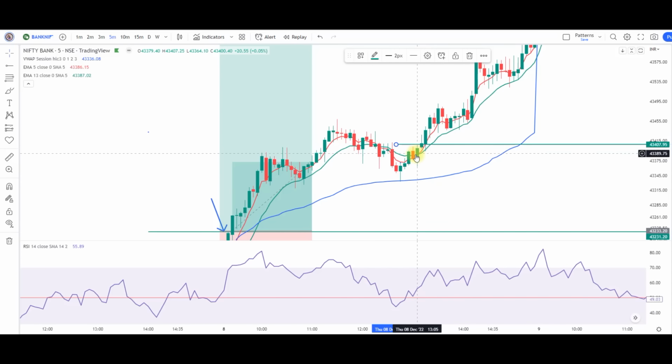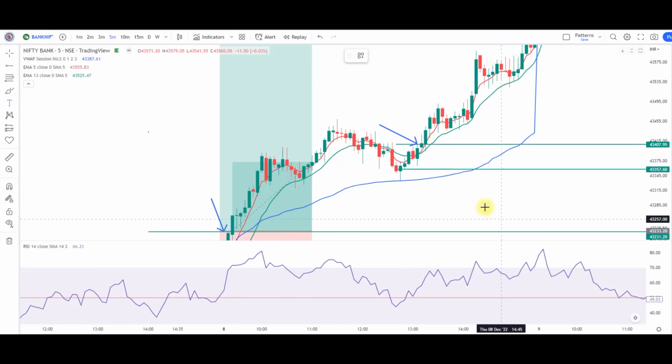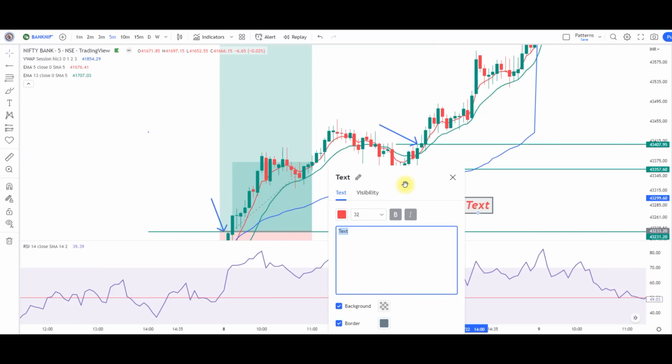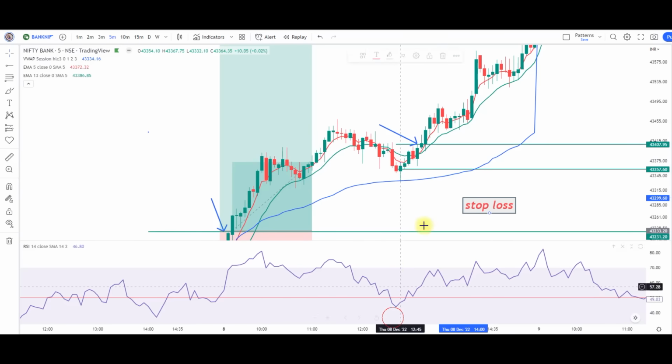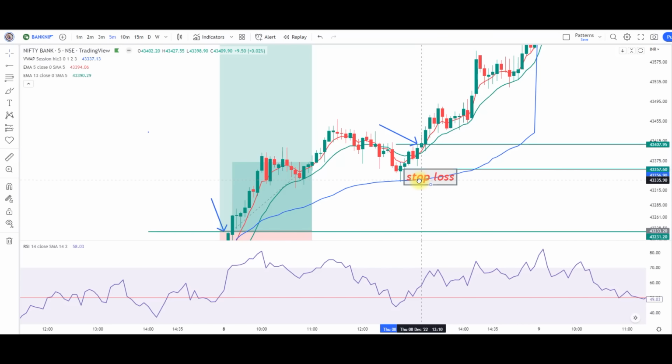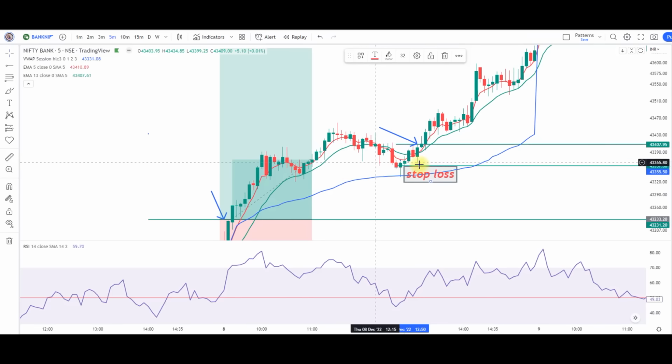Above this green candle we have to enter into the trade, and the stop loss is below this green candle. So this is our second trade.